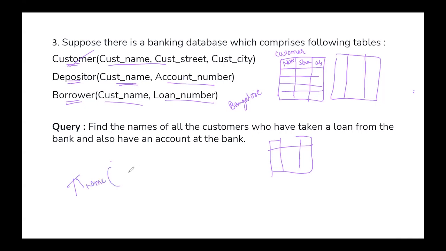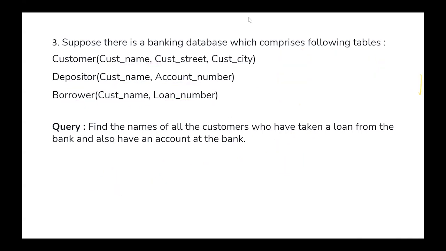From where? I will select first the customer whose customer city is equal to Bangalore. And from which table am I taking all these details? I'm taking them from the customer table. Right? So this is how I will write the query.